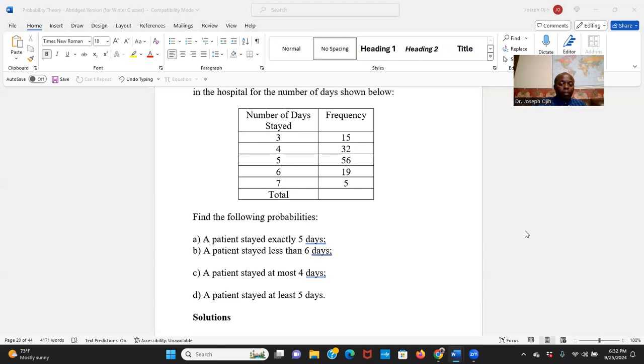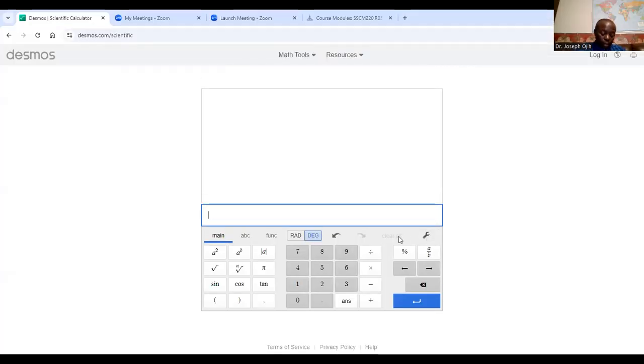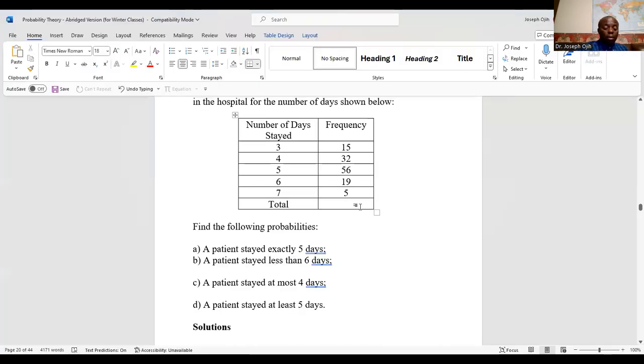The total will become our sample space. 15 plus 32 plus 56 plus 19 plus 5 gives 127. So you can put 127 right here. Now we are able to answer these questions since we have the sample space.